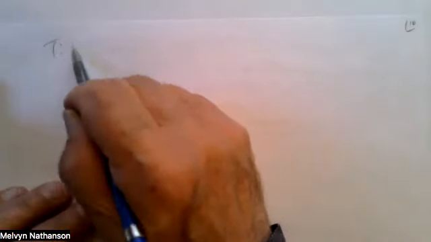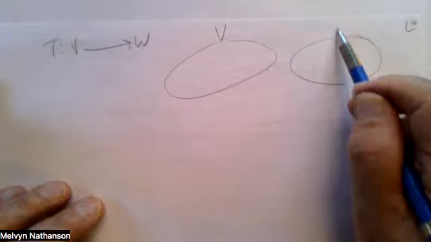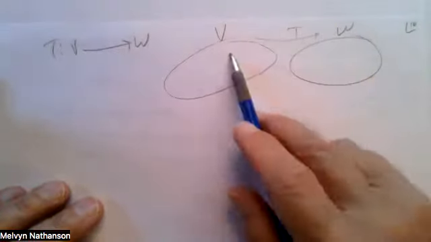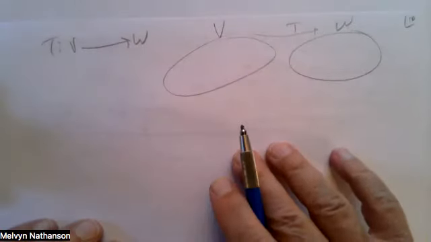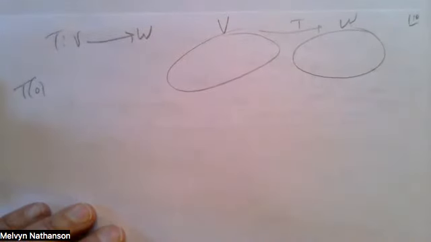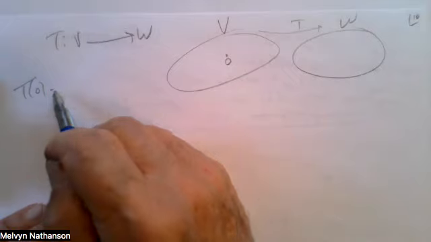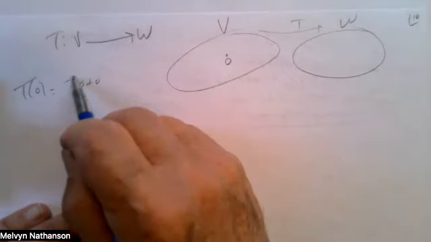Okay. So let's look at some more properties of linear transformations, because actually the rest of the semester, all we're going to do is study linear transformations. So you have T, a linear transformation from V to W. Here's the vector space V, here's the vector space W, and T maps V into W. We can make a couple of quick observations, first of all. If I take the zero vector in V, of course, zero is the same as 0 plus 0.